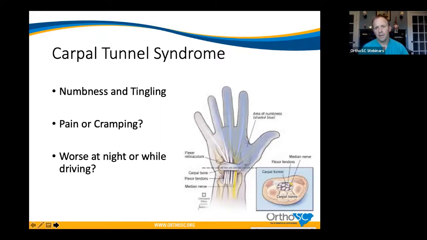And then the tendons can get swollen around the nerve, and there's only so much space, and that cuts off the blood flow to the nerve. At that point, the nerve starts causing numbness, tingling, burning pain. Usually it's the thumb, index, and the long fingers. So these first 3 fingers cause problems.